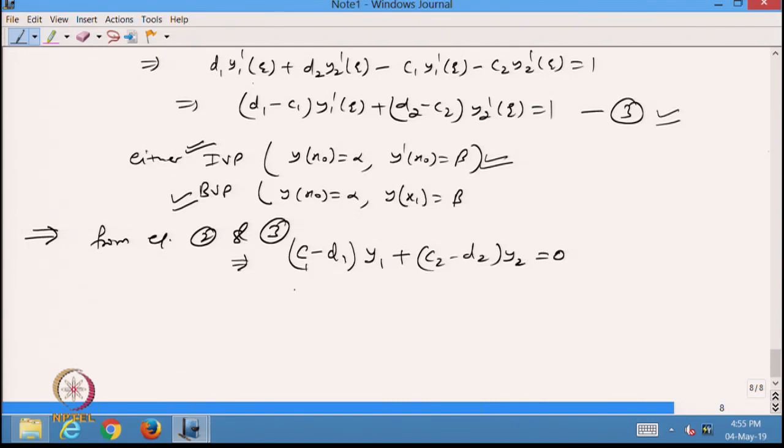Then I am defining this one again, so that will be D1 minus C1 times y1 dash plus D2 minus C2 times y2 dash is equal to 1.